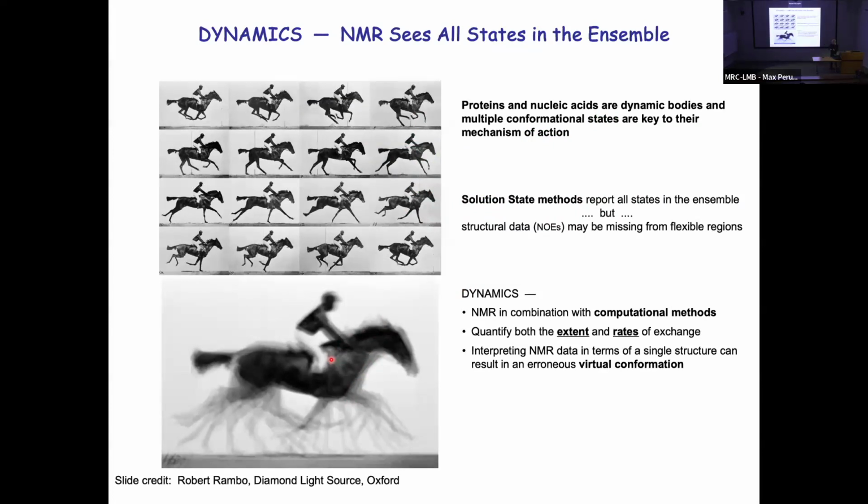You would have to use computational methods to look at the range of motions that are occurring, and we can look at the rate and at where the motions are occurring, but we would rely on having complementary computational techniques to work out what the individual contributing states are. So it's used in conjunction with computational methods. If we were to interpret this data in terms of a single static conformation, we would get what's called a virtual conformation, which is an erroneous beast.